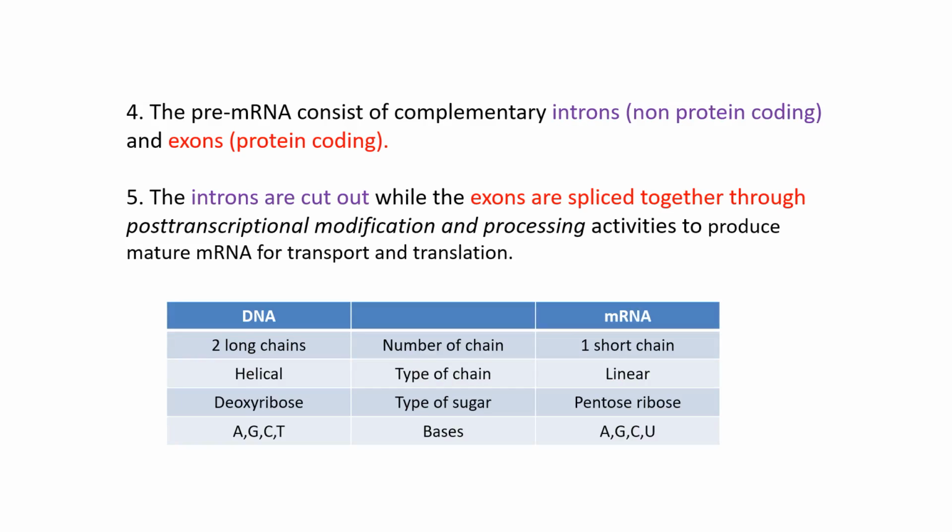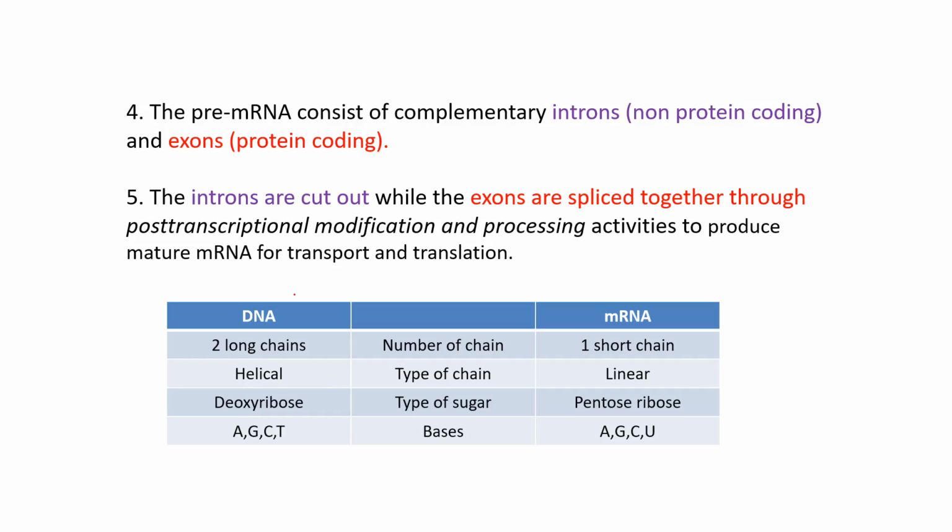The pre-mRNA consists of complementary introns and exons, because during transcription both introns and exons on the DNA are transcribed. So the mRNA will have both introns and exons. Introns are nucleotide bases that do not code for any protein, and exons are nucleotide bases that code for protein synthesis.